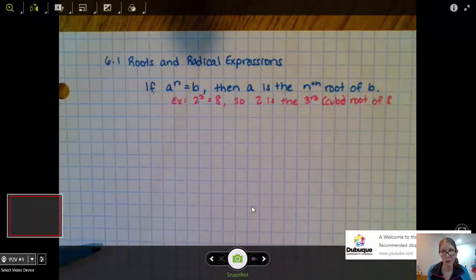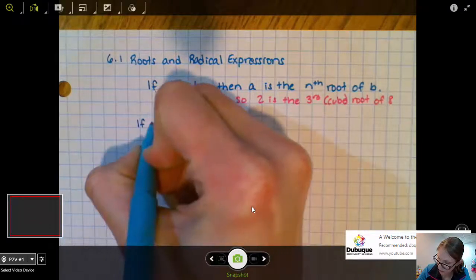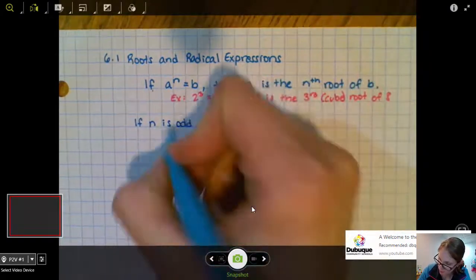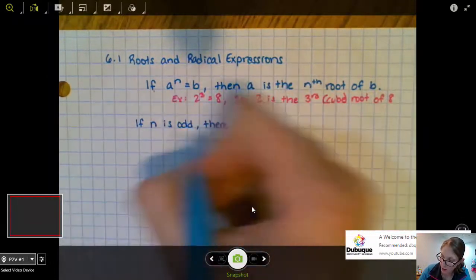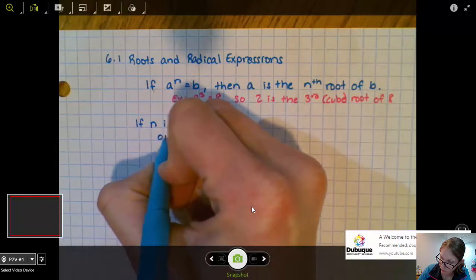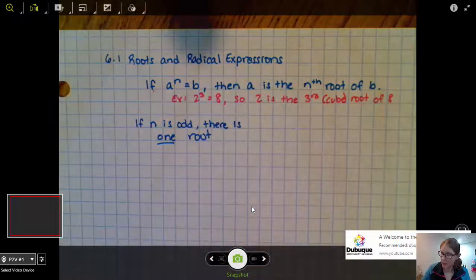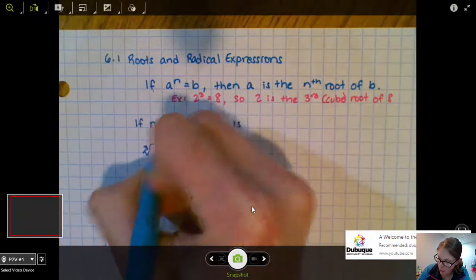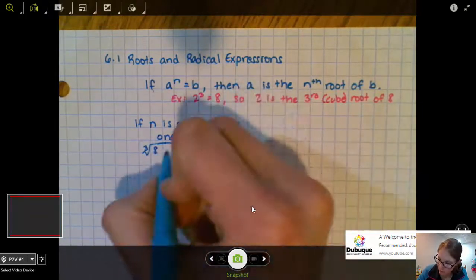Okay. Now, kind of going along with this, if n is odd, there is only going to be one root. Because if we see like the cube root of 8, for example, this really means what to the third power gives us 8?